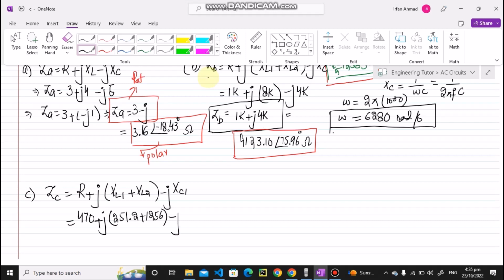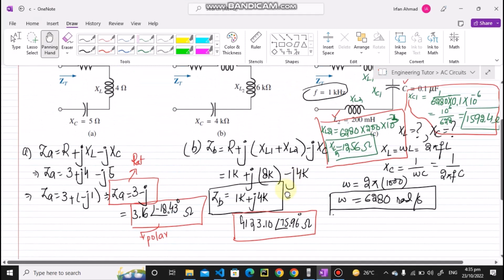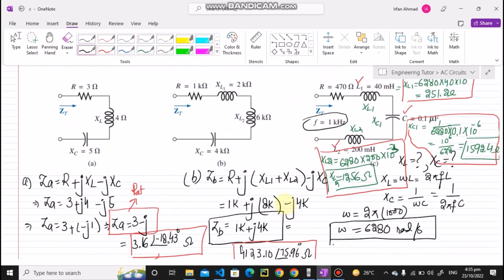Now minus j XC1. The value of XC1 is 1592.4, and this is for XC1.